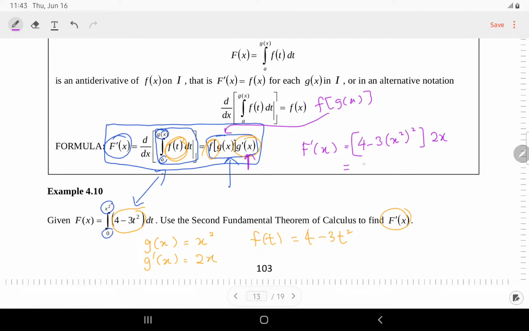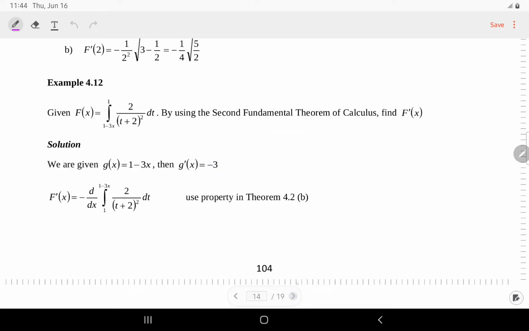Simplify, and we get 4 minus 3x to the power of 4, times 2x, which equals 8x minus 6x to the power of 5. So this is the answer. It's just simple: refer to the formula and insert all the items needed in the formula.